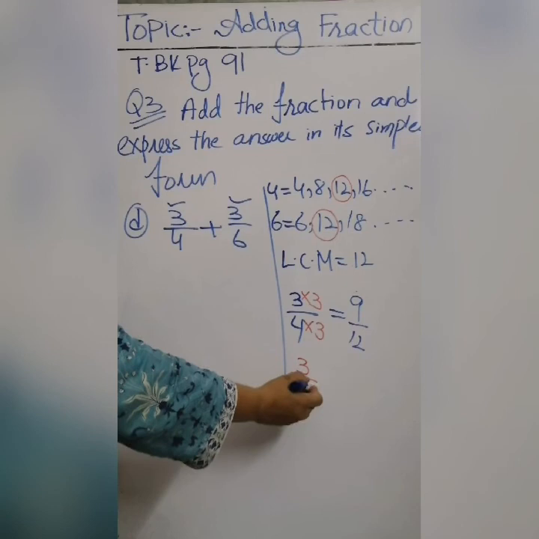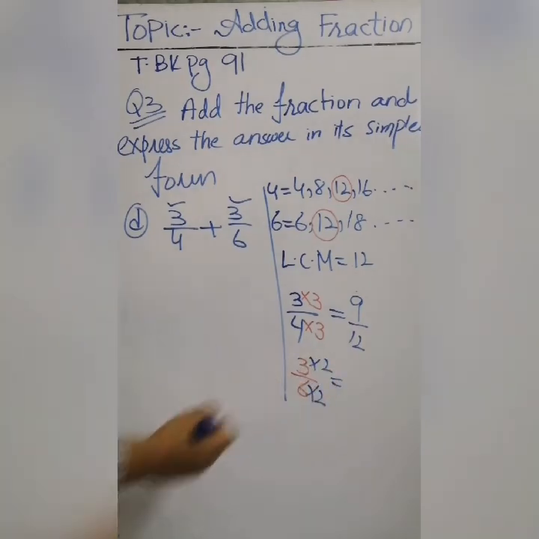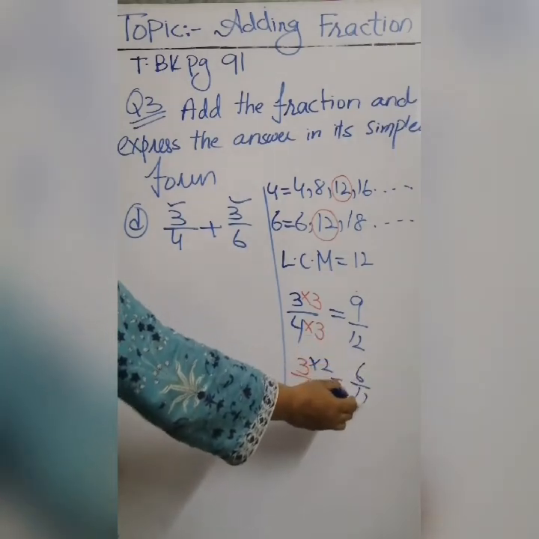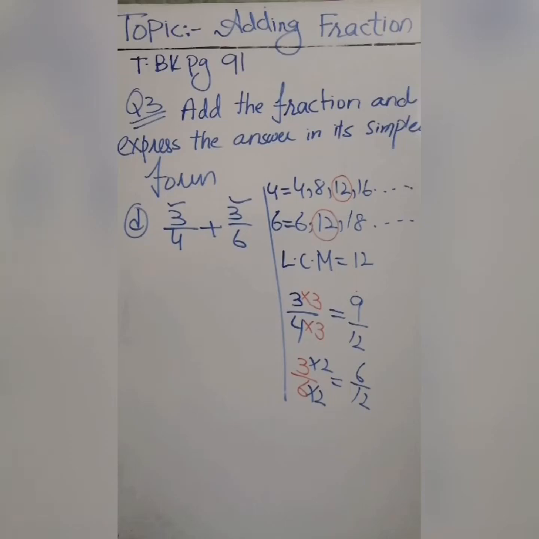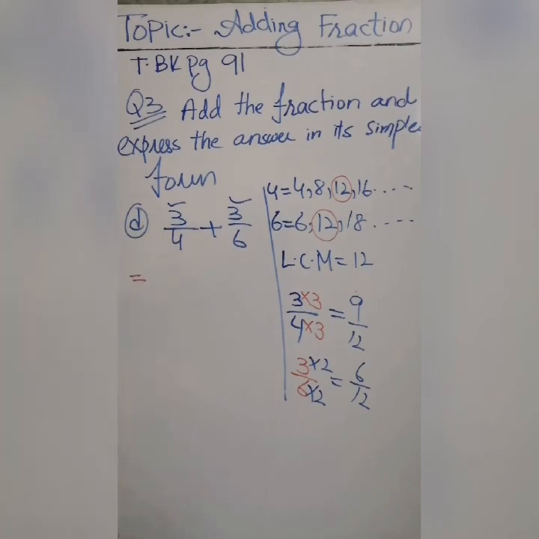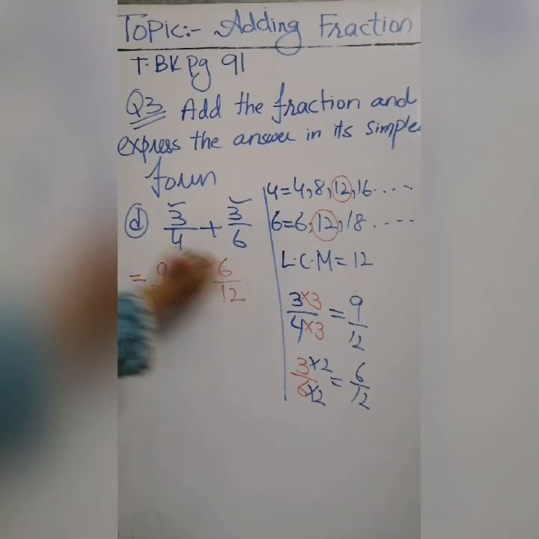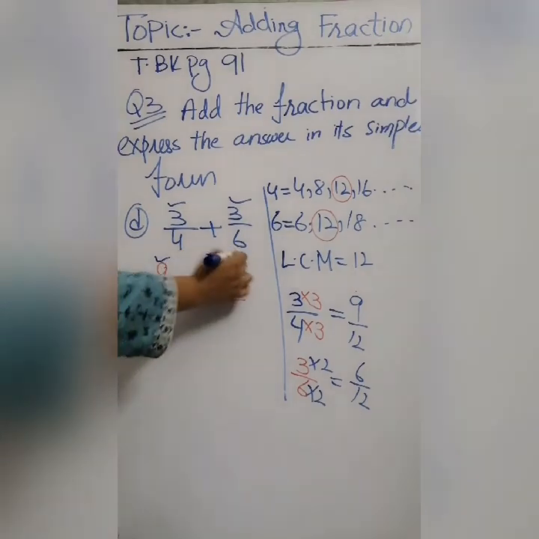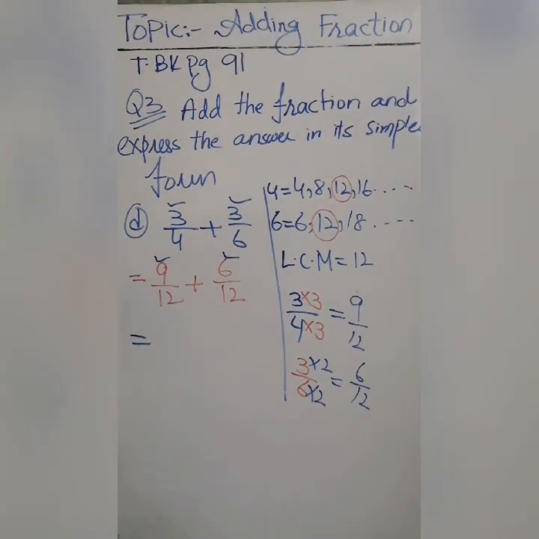We make 6 into 12 by multiplying it by 2. We get 6 by 12. Now we write the new fractions instead of the previous fractions. Instead of 3 by 4 and 3 by 6, we write 9 by 12 and 6 by 12. We have two same denominators. We add their numerators. 9 plus 6, 15.